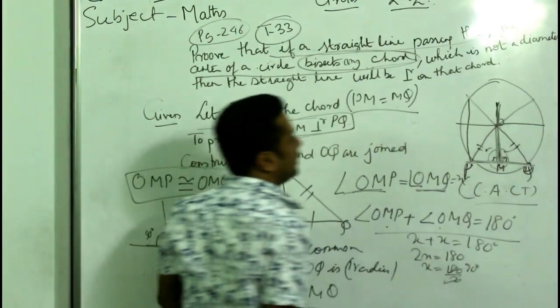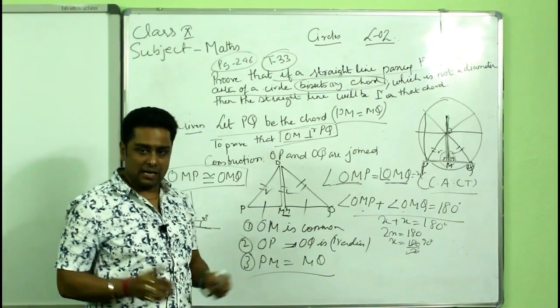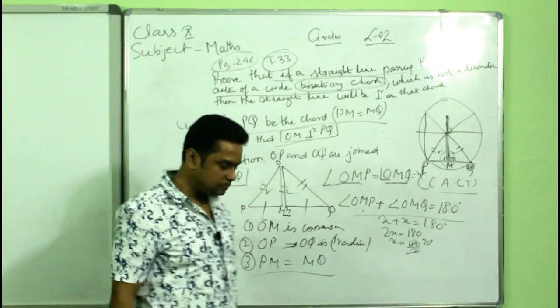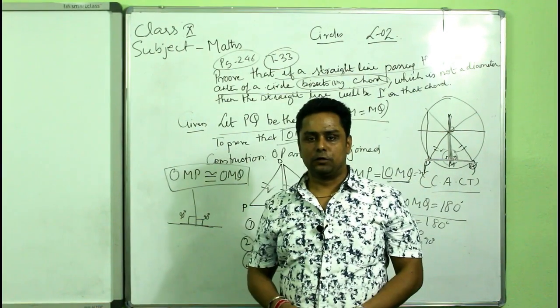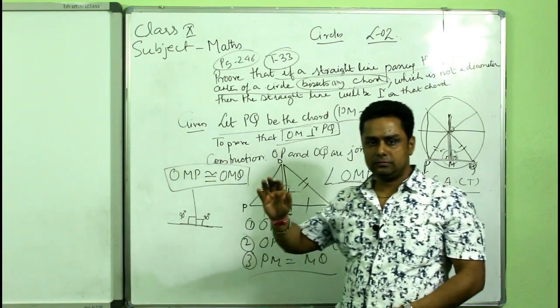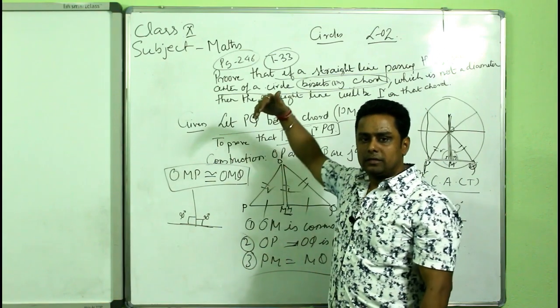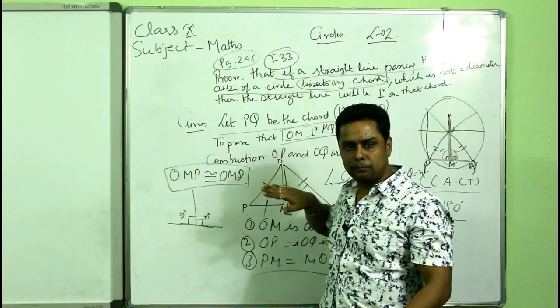I hope I have been able to make you understand both the theorems. Now I recap. Theorem 32 said a straight line perpendicular to a chord, you have to prove that it bisects the chord.